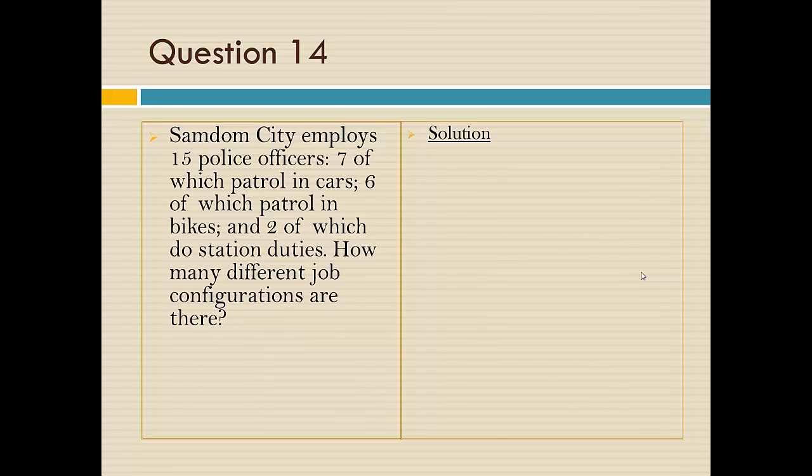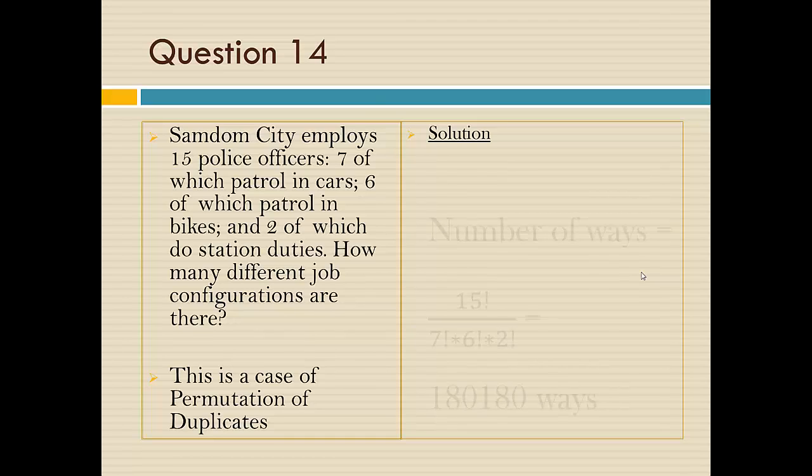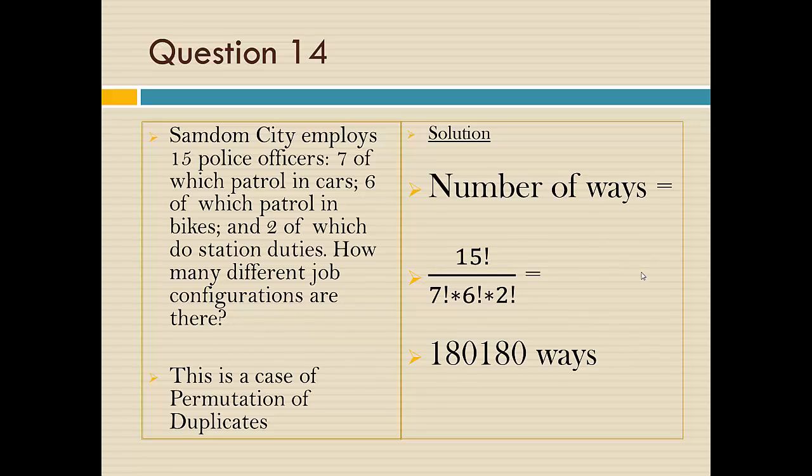How many different job configurations are there? What will you call this? Will you call it permutation or combination? It's still permutation of duplicates. You have 15 factorial over 7 factorial for cars, 6 factorial for bikes, 2 factorial for station duties.